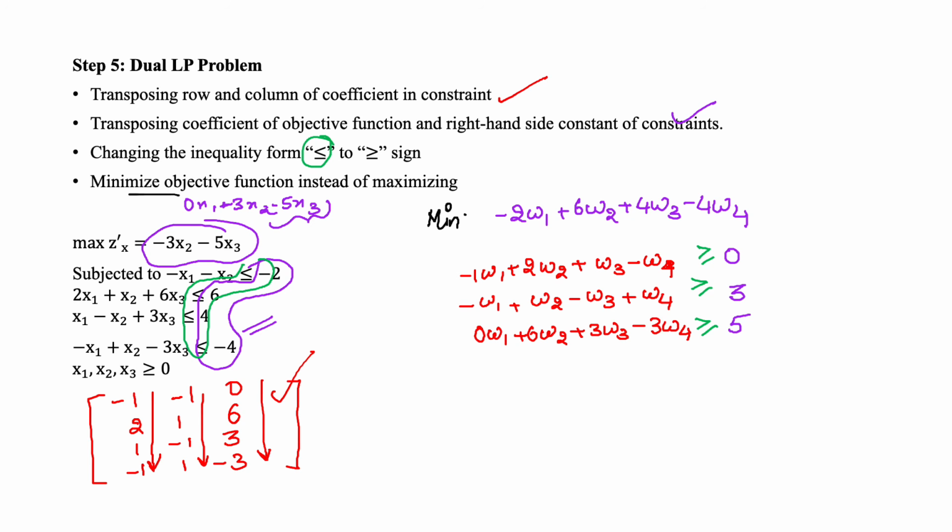So it will be minimum Zw, my new objective function. So this is the dual LP problem. Okay, and all my decision variables will have values greater than or equal to 0. Okay, so that's how we can convert any standard LP problem into a dual LP problem.